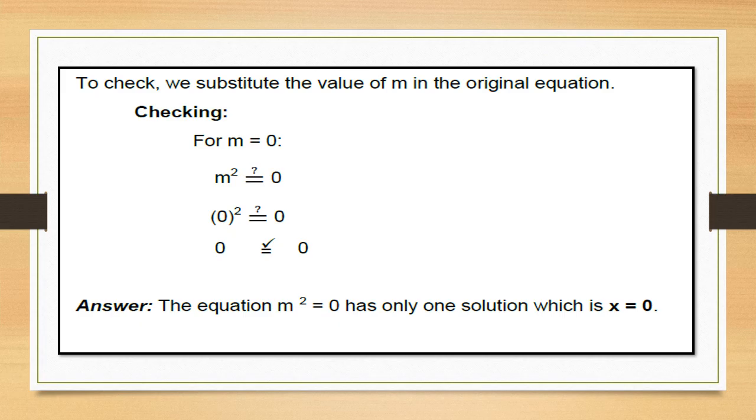To check, we substitute the value of m in the original equation. For m equals 0, m squared equals 0. Therefore, it is correct. The equation m squared equals 0 has only one solution, m equals 0.